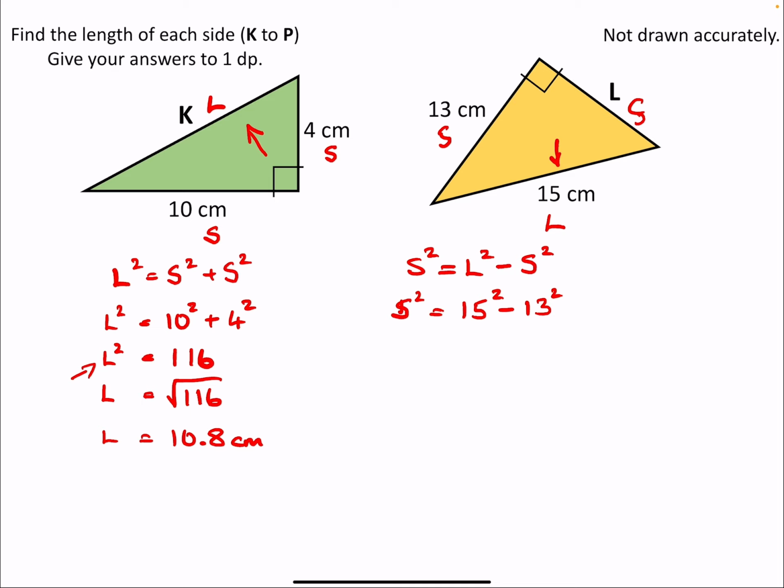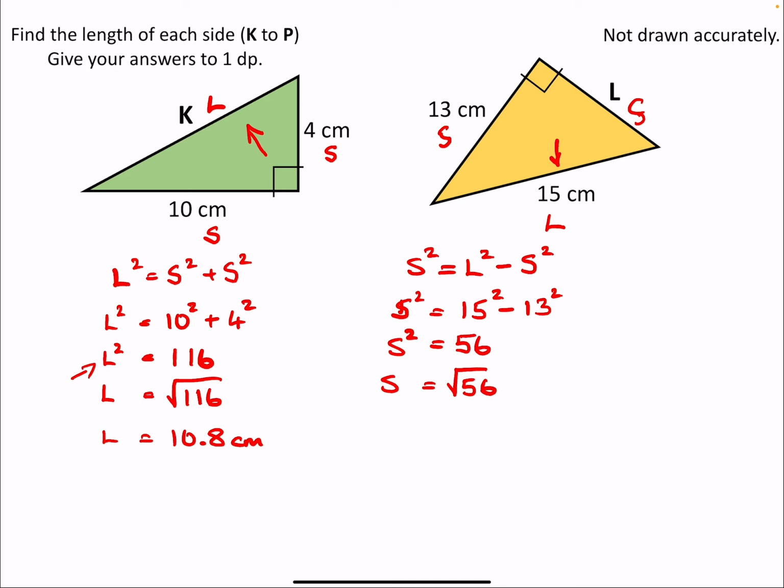So 15 squared, take away 13 squared, and equals, and that tells me I have my short side squared is equal to 56. However, that's the square of my short side. I want to find what the short side is, so I need to undo the square. So the opposite of squaring is square root. So I do the square root of 56.